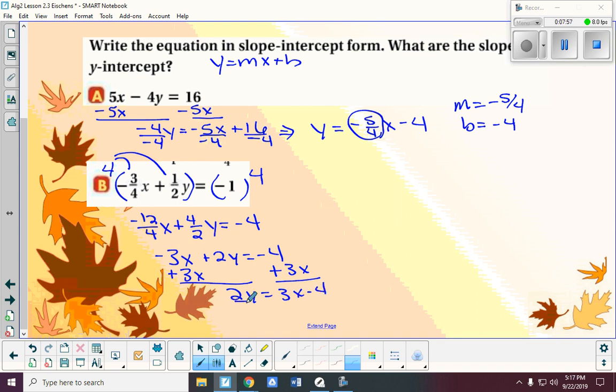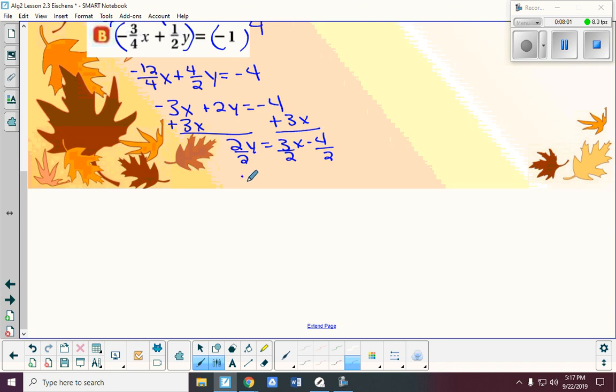And then lastly, we divide everything by 2. So y equals 3/2 x minus 2. So our slope is 3/2, and our y-intercept is a -2.